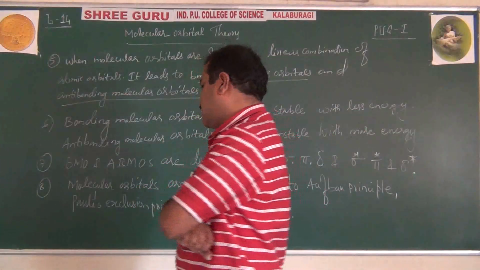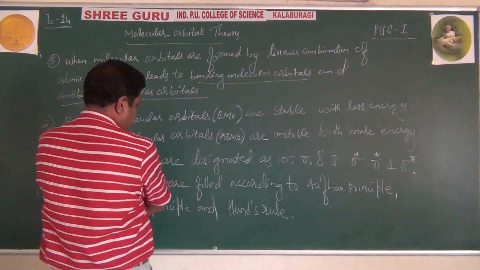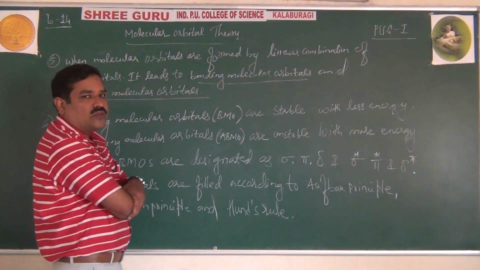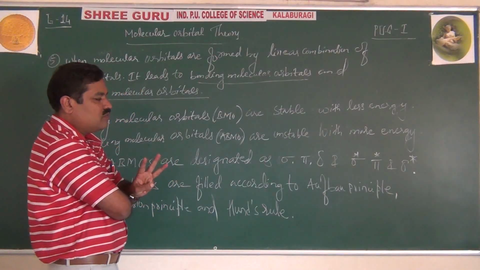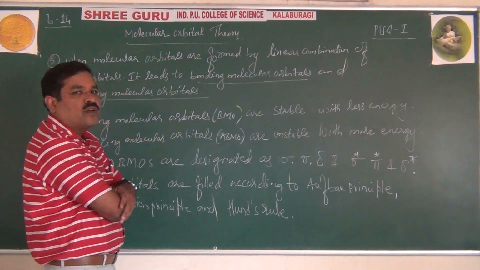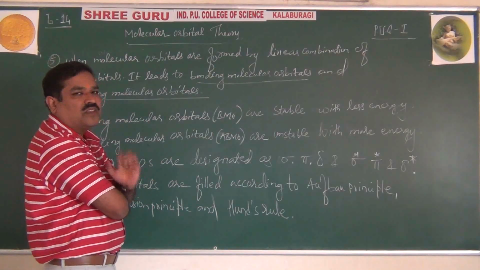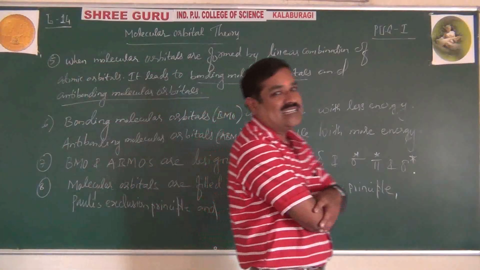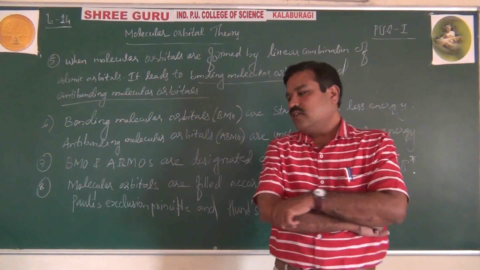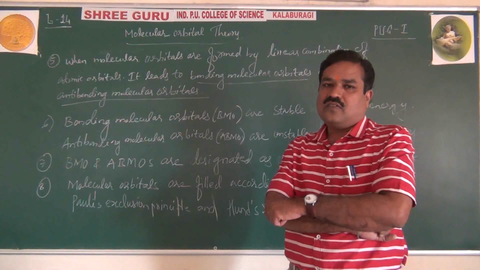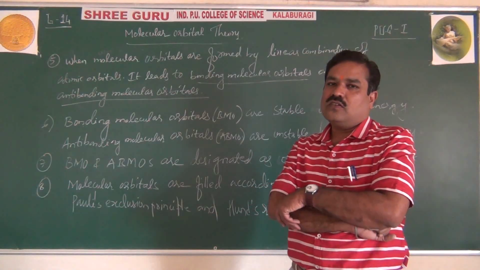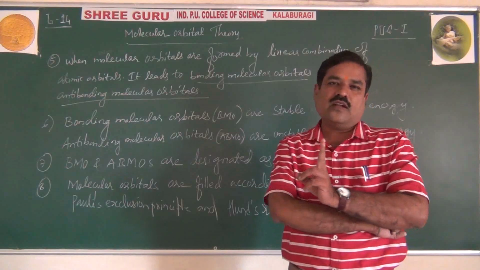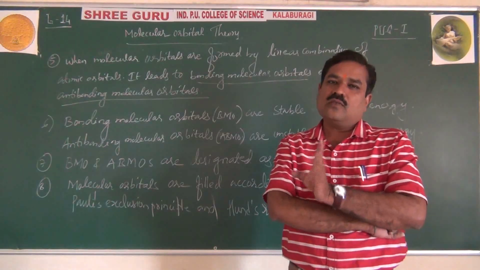And remember how these molecular orbitals are filled. These molecular orbitals are also filled as usual, how atomic orbitals are filled according to 3 rules: Aufbau principle, Pauli's principle, and Hund's rule. What is Aufbau principle? Electrons enter into various molecular orbitals according to their increasing energy levels. And also, no 2 electrons can have values of all the quantum numbers same, because a molecular orbital here also can accommodate only 2 electrons.